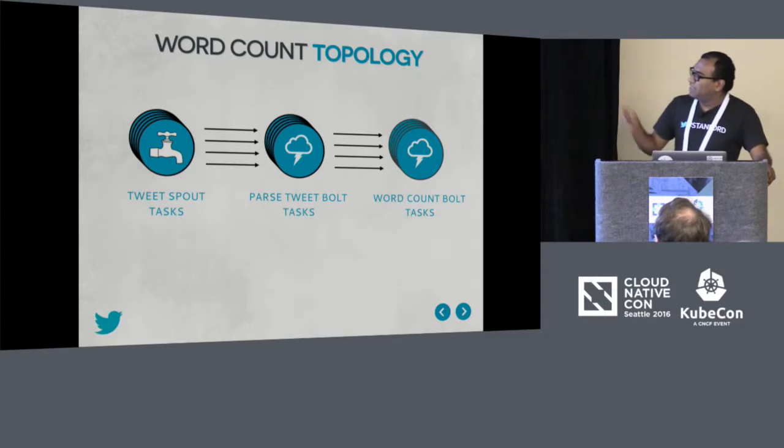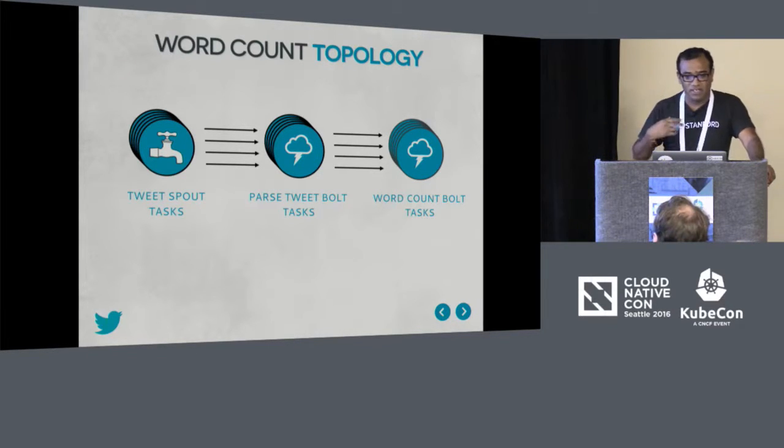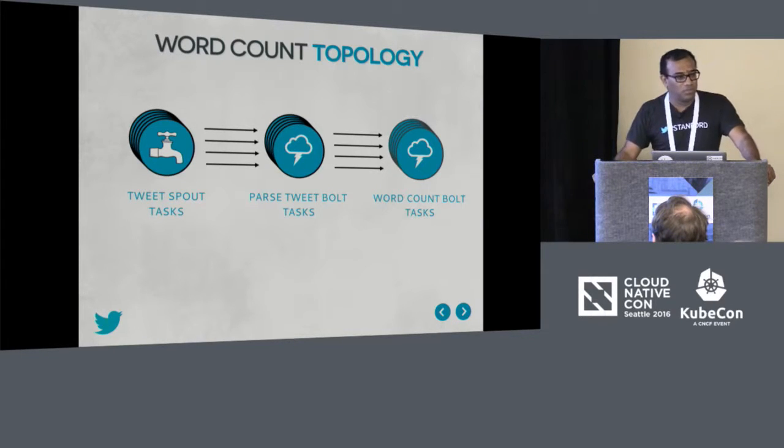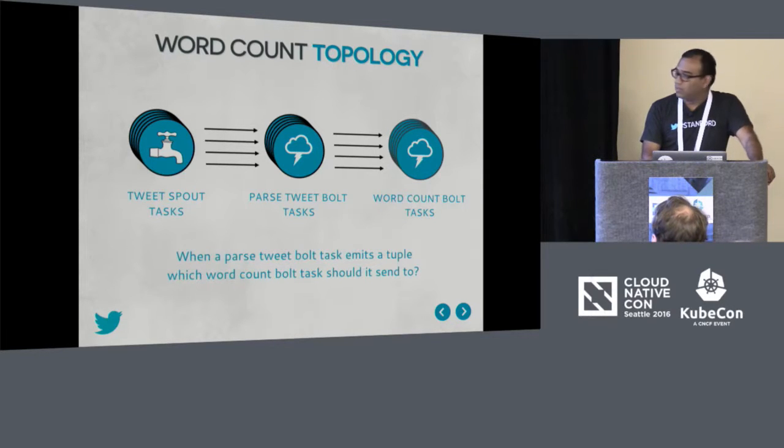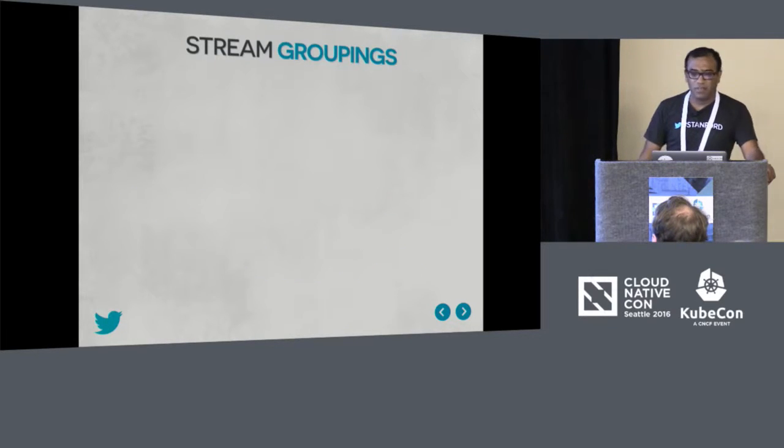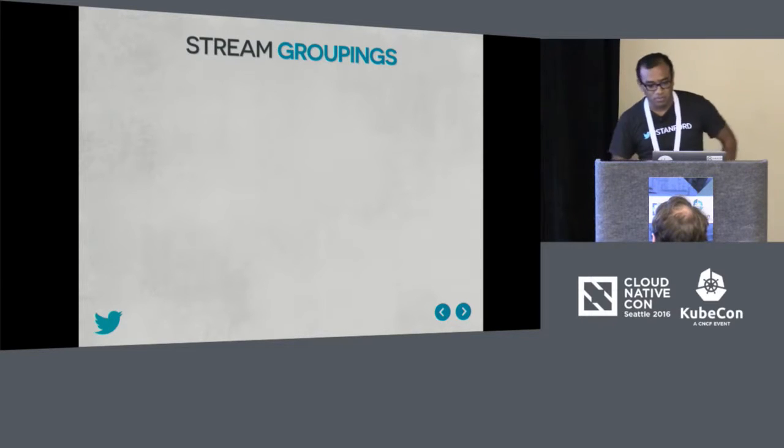Now one of the challenges here is, when a parse tweet bolt emits a data item or a tuple, which word count bolt should it go to, because you have multiple tasks? How do we do it? There is a notion of what you call stream groupings.